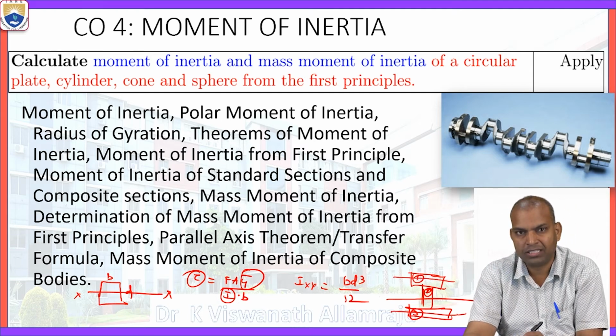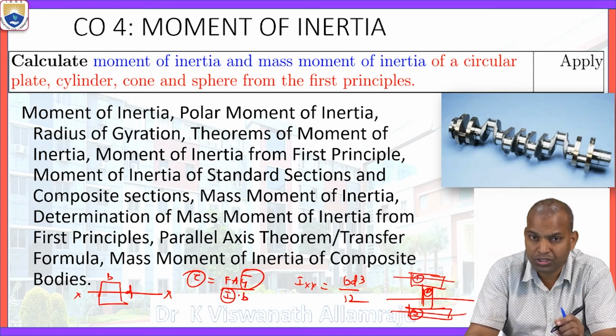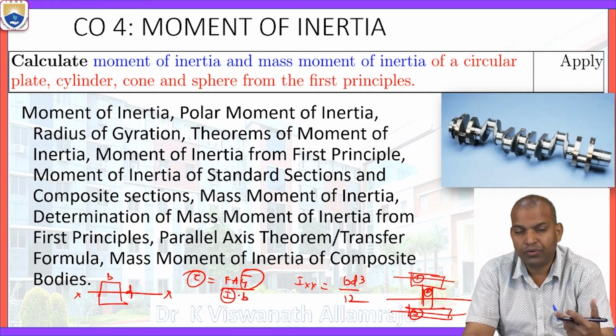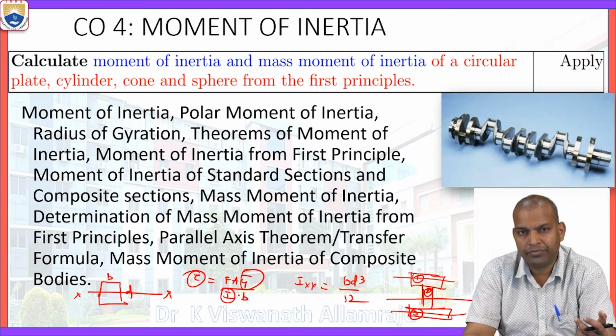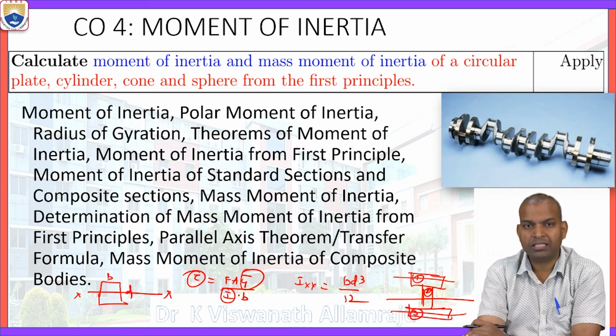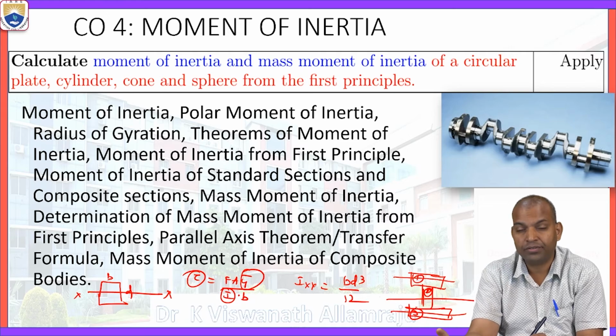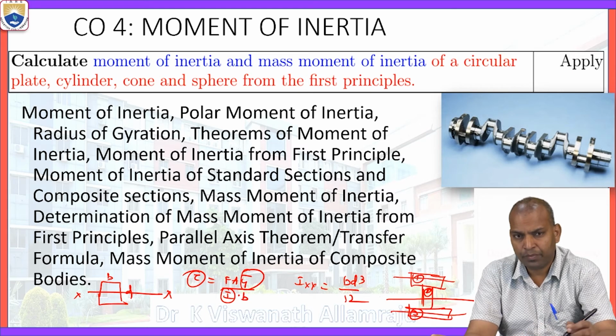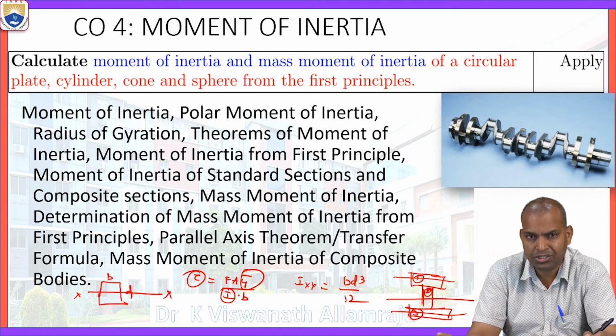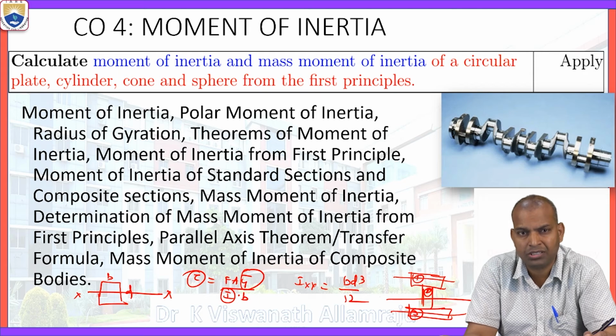We want the centroidal axis, so we have to find the centroid first. The neutral axis is parallel to the x-axis. Various sections of beams will be there: C section, H section, I section, T section.